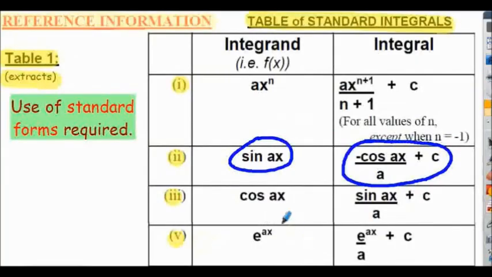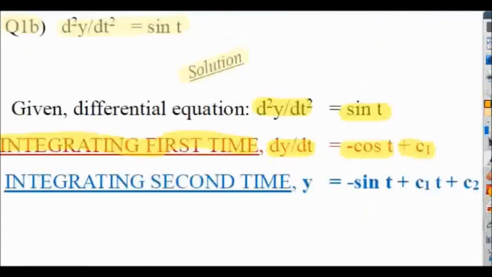And here's our solution: integrating sine ax becomes negative cos ax upon a, and of course the a in this case is 1. Don't write the ones, but they're there, it's 1t. And integrating again, we have y is equal to negative sine t plus c1t plus c2. So that's the general solution for question 1b.